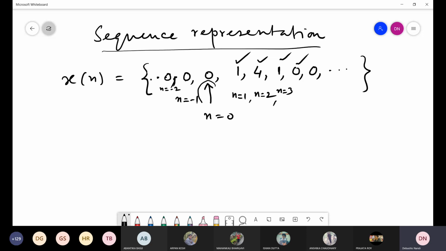So this arrow sign is a very important sign, which should be given when we represent any discrete time signal in sequence representation form, because it indicates the position of n equal to 0. Where the arrow sign is given, that value is the value of the signal at n is equal to 0, the value at the origin. Okay, so this is the sequence representation of the signal.